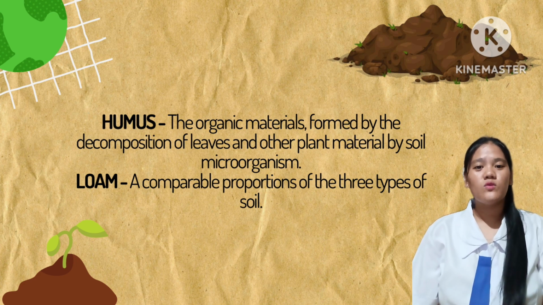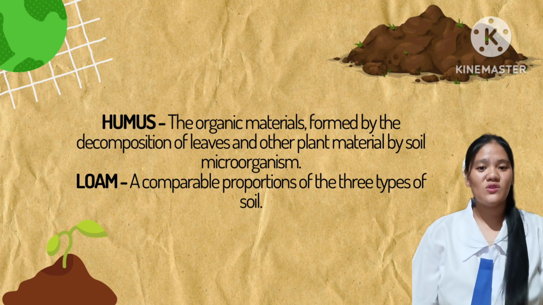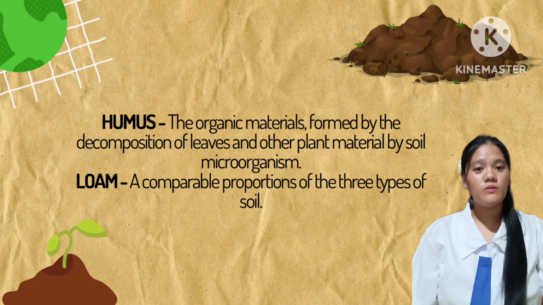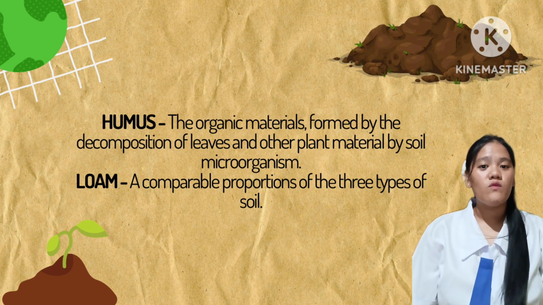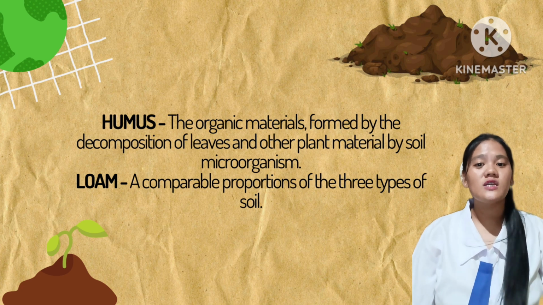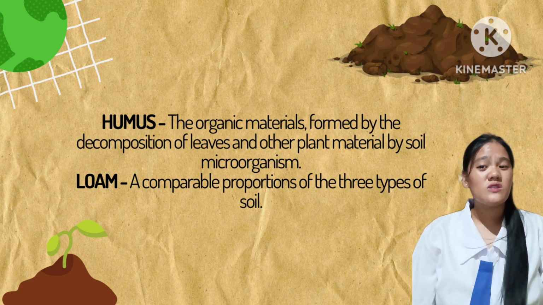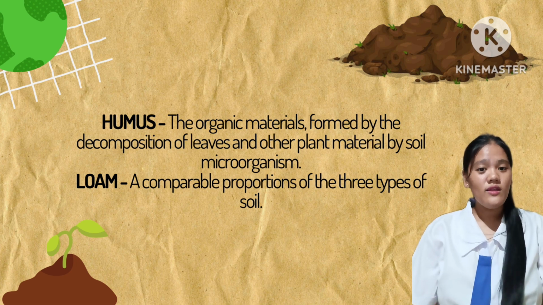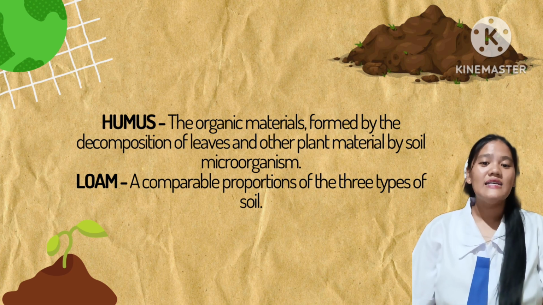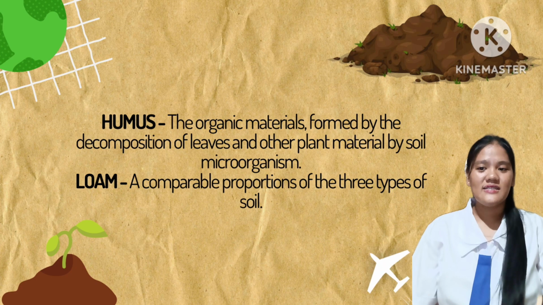Makahatag ni siya og dugang nga abono nga makatambok sa soil. And next is loam. Loam is a comparable proportion of the three types of soil. Mauni ang combination sa tulo ka basic types of soil. What are those three basic types of soil? The clay, sand, and silt.